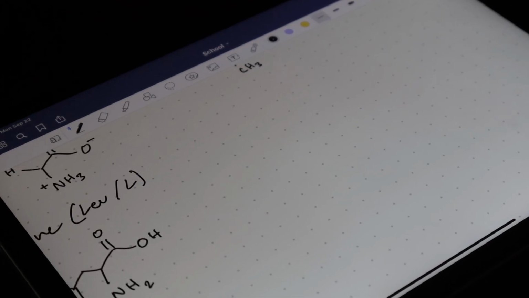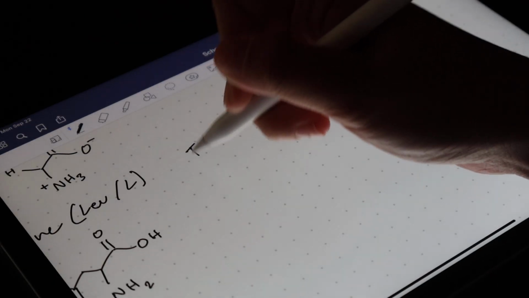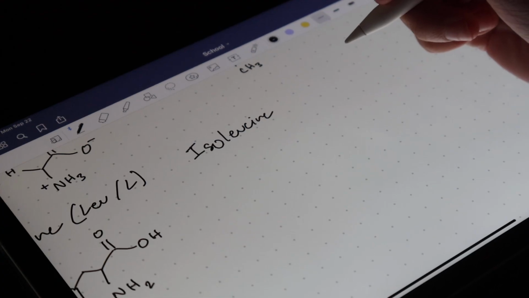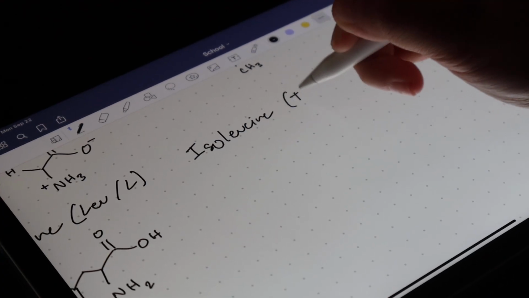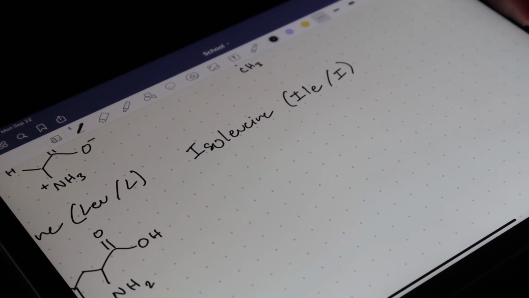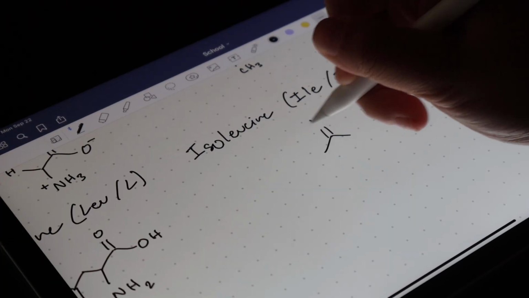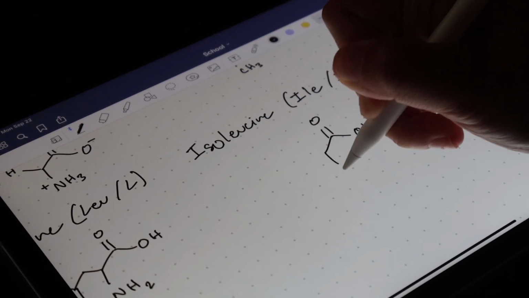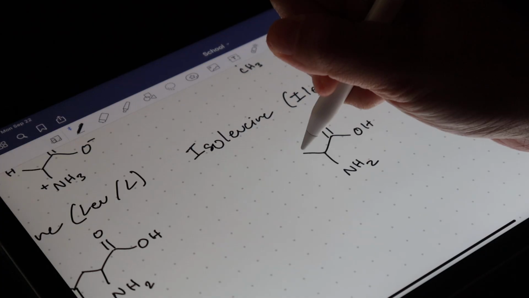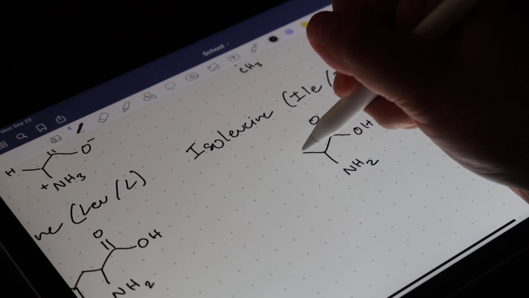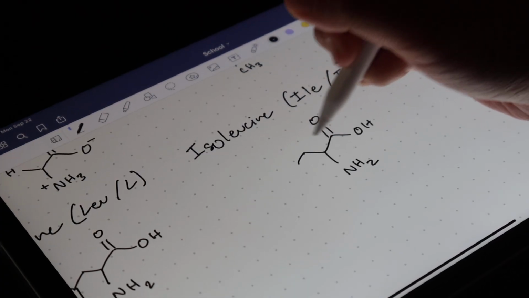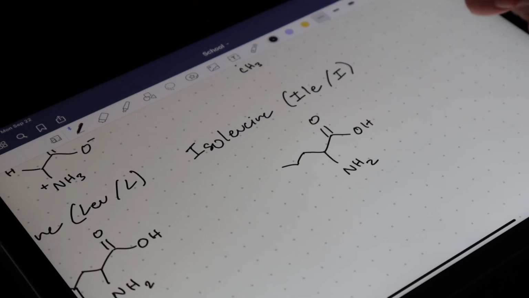And then similarly named, we have isoleucine. And this is the first one that's going to be a little bit less intuitive. It's ILE or I. And now this one looks somewhat similar. We're going to have a carbon chain of 1, 2, 3 carbons.